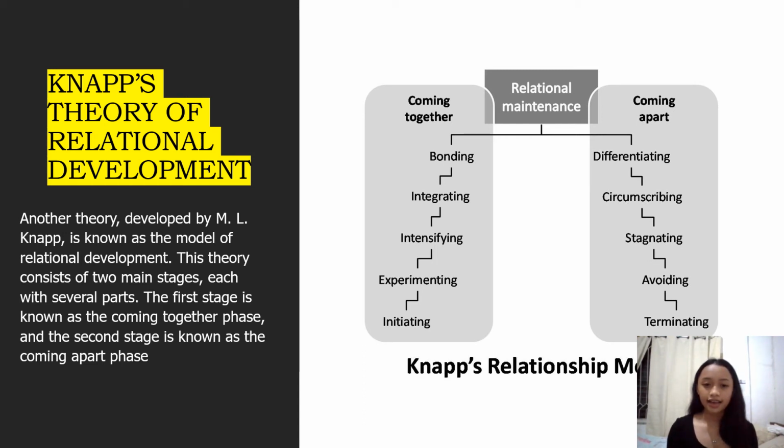Then third is intensifying. People open themselves up fully in hope of being accepted by the potential mate. During this phase, people may reveal secrets about themselves or others in order to test the trust levels of potential partners. Next is integrating.